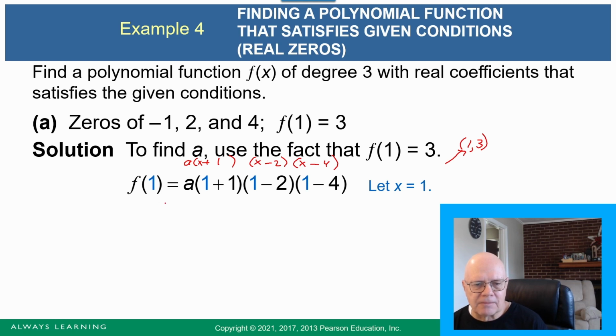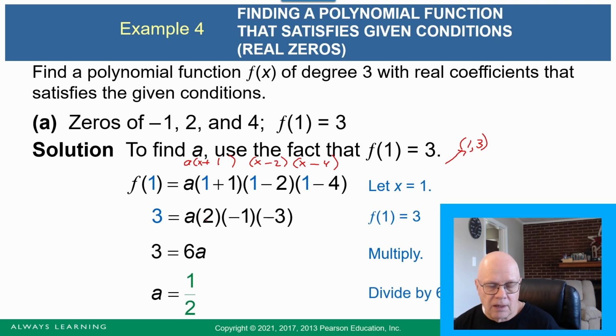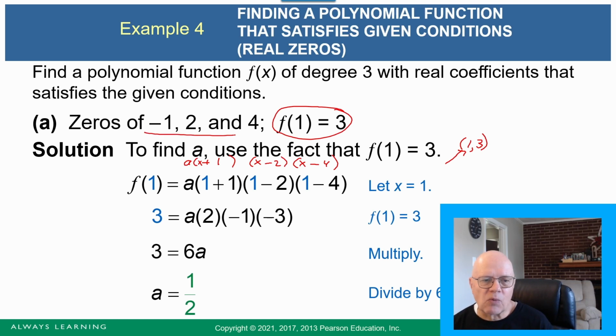So what do we get? Well, we know f of 1 is 3, so there's 3, and 1 plus 1 is 2, and so on. Well, what's that give us? Simplify. We've got 3 equals 6a. Or that a, all of a sudden we know it. Because we knew this and what the zeros were, we've got the whole function.